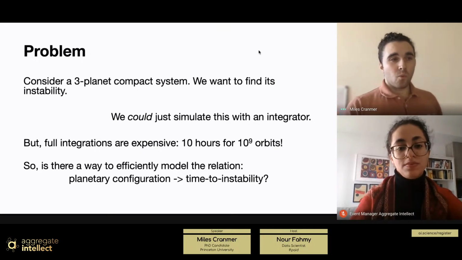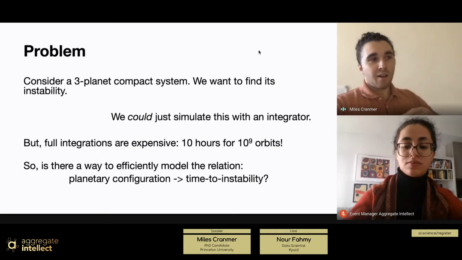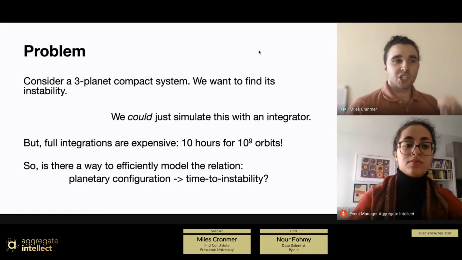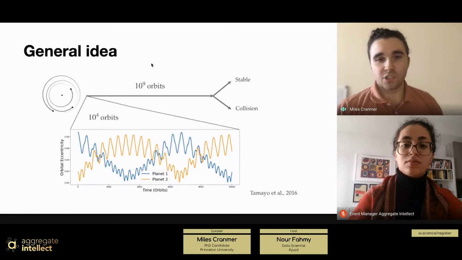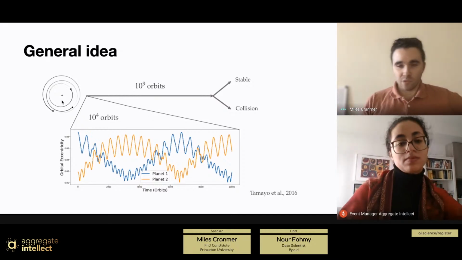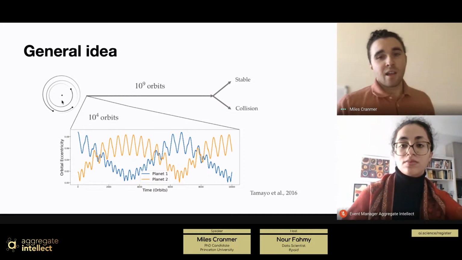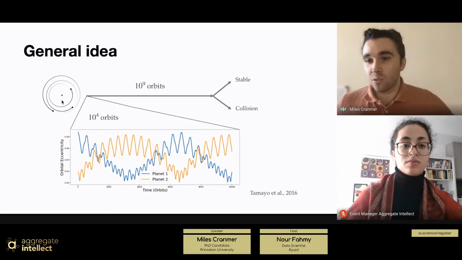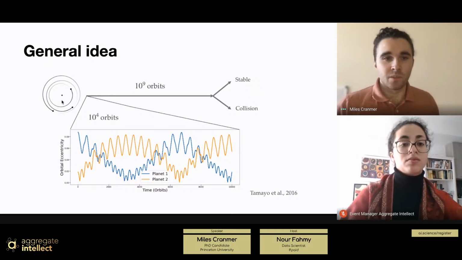So we want to use deep learning to figure out a better relation between a planetary configuration and the instability time. The general idea is we have this planetary system, 3 planets around a star, and we want to figure out if, at 1 billion years, it's going to be stable, or is there going to be a collision?